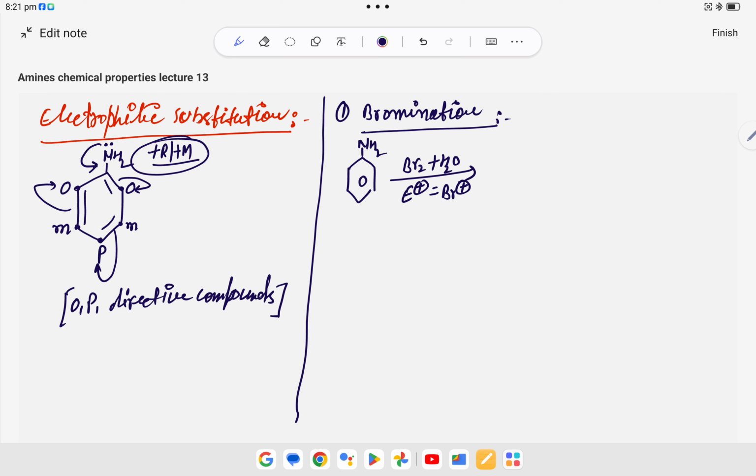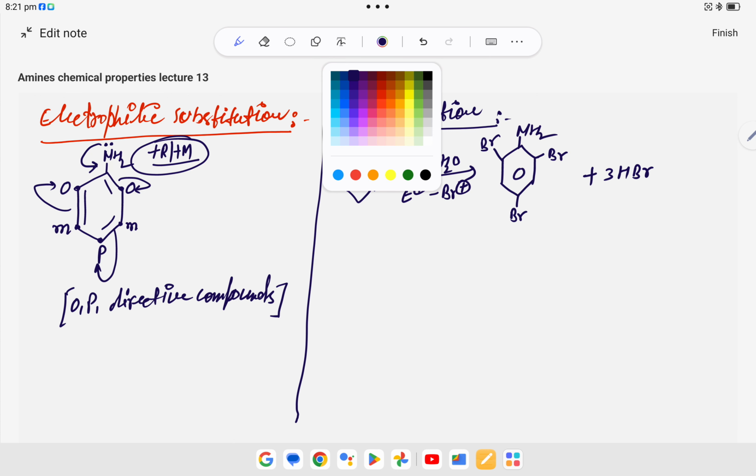So all the ortho and para positions are occupied by bromine. Here bromine will be attached, here also bromine attached, and here also bromine attached. And HBr comes out. So 3 molecules of HBr. So this is the chemical reaction in this case.